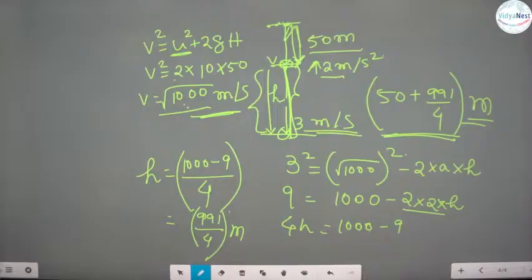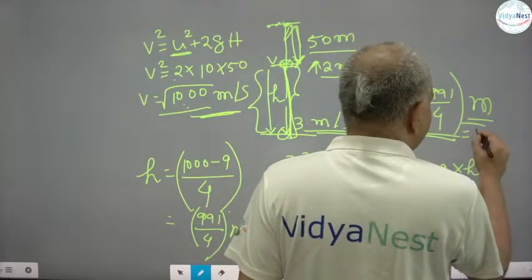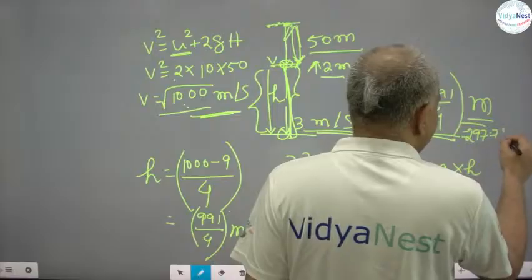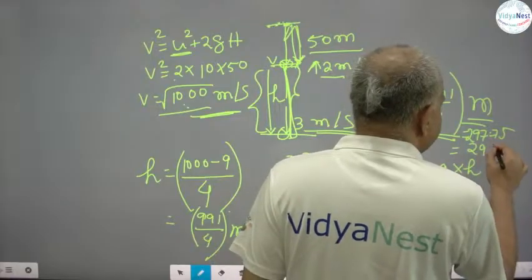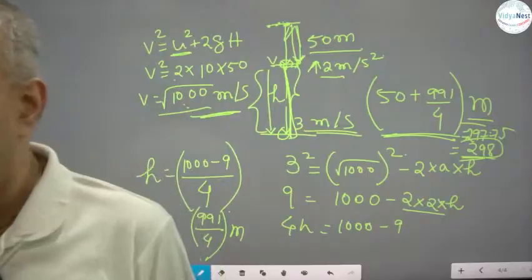Let us calculate this. 991 divided by 4 is about 247, plus 50. So what is going to come? 297.75 approximately. We can think of it as 298 if I round it off, 298 meters.